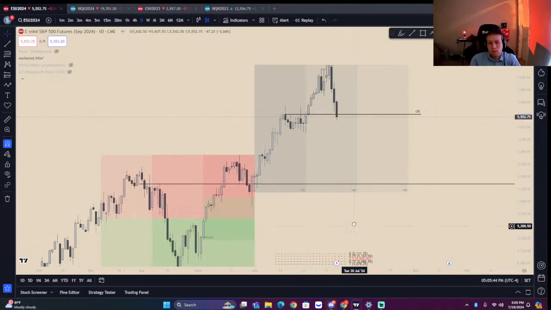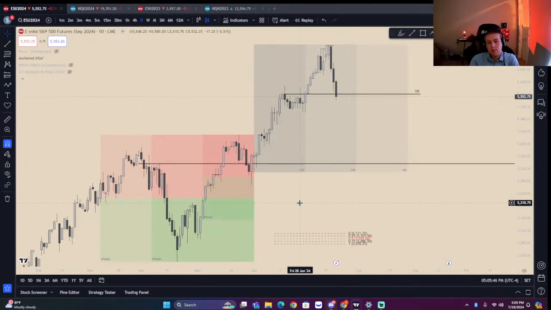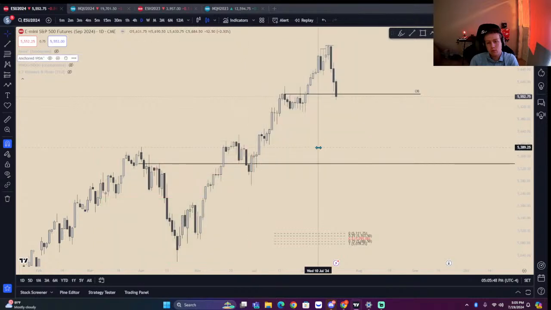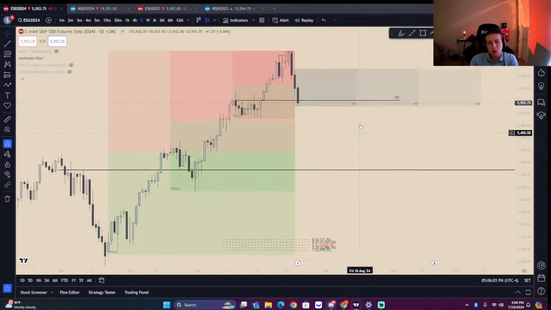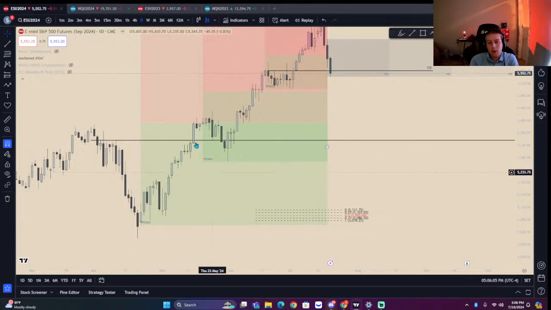Okay, in terms of looking back, we have repriced into a premium. These lows could be a draw on liquidity. I really don't think these lows will be a draw. I really don't.